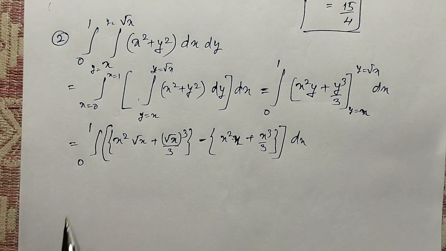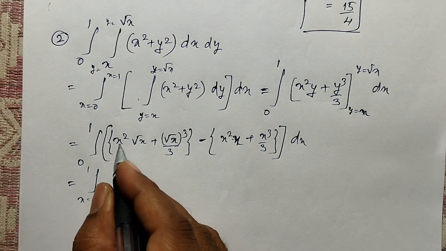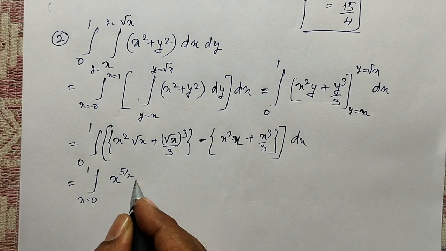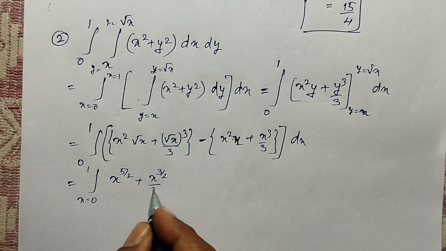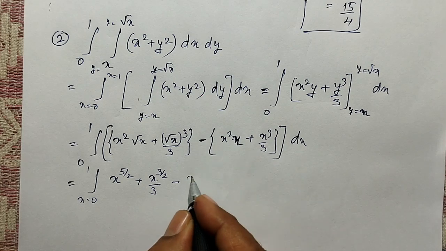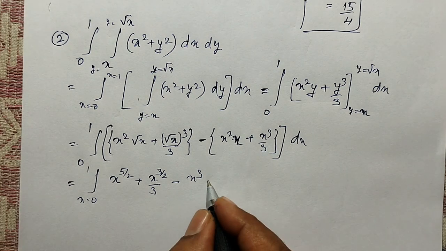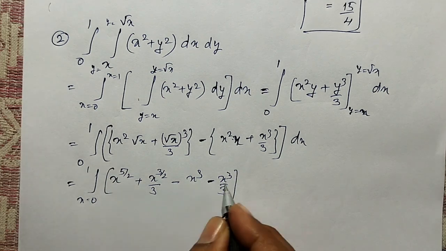Simplify this first. How to simplify? Integration from x equal to 0 to 1. This will become x raised to 5 by 2 plus x raised to 3 by 2 divided by 3 minus x cube. Correct? And what about this? x cube divided by 3 minus x cube divided by 3. The same degree terms are combined.